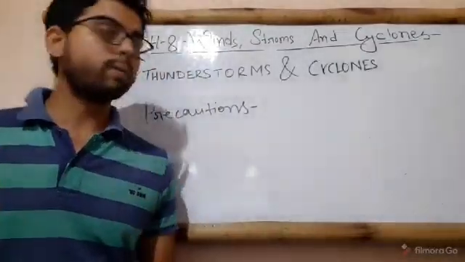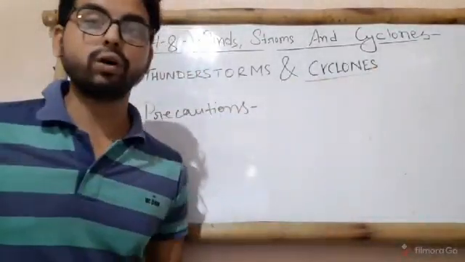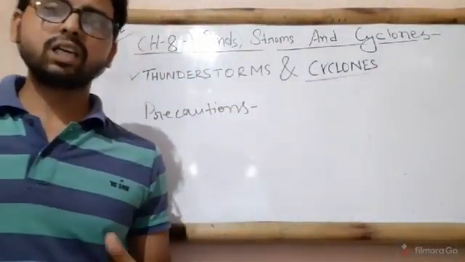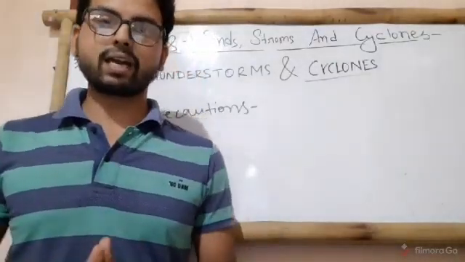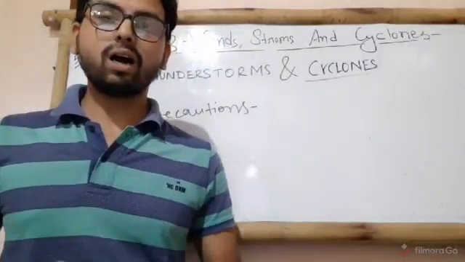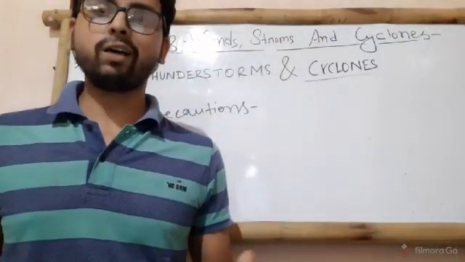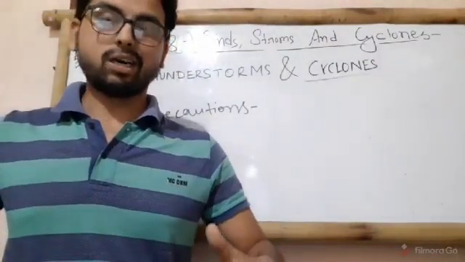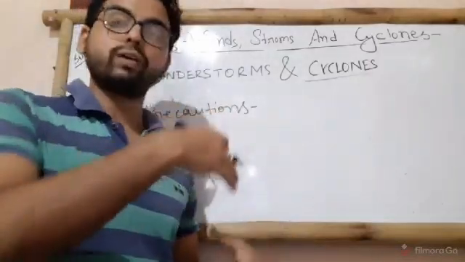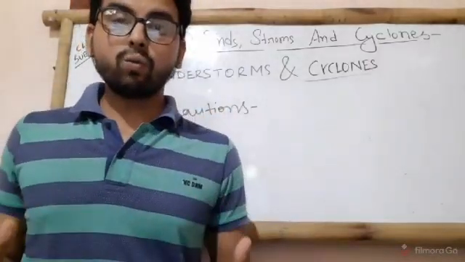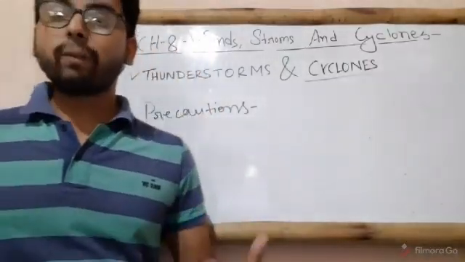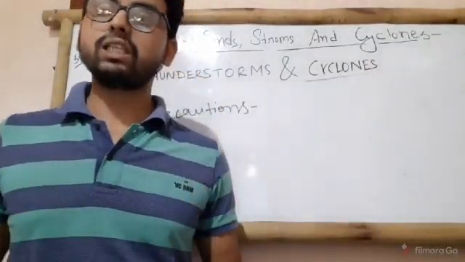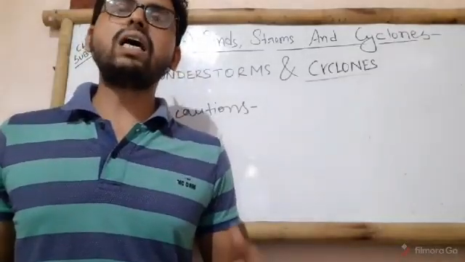Now we will learn about cyclones. Basically, in the case of a cyclone, clouds are formed due to water vapor in the air. As water turns into vapor, it takes up heat from the atmosphere. And when the water vapor turns into clouds and falls back as raindrops, the same heat is released back into the atmosphere.